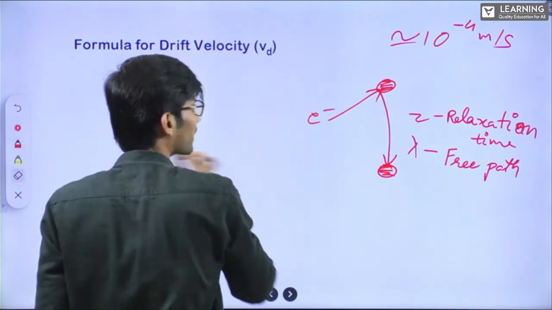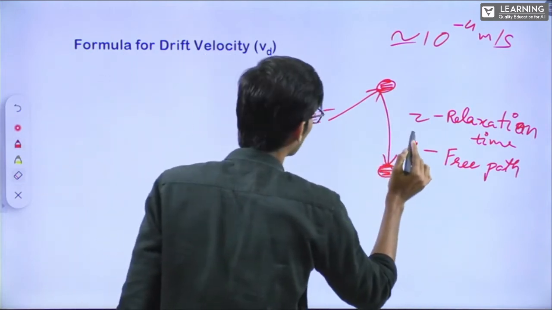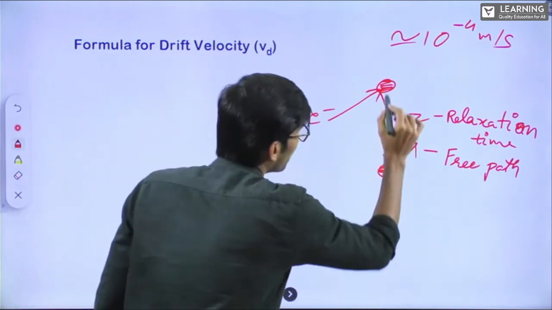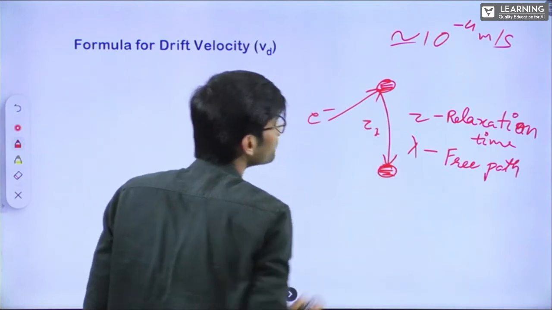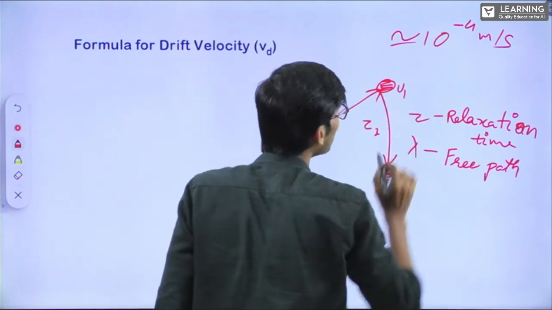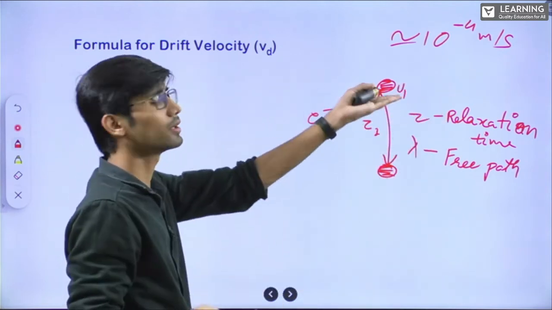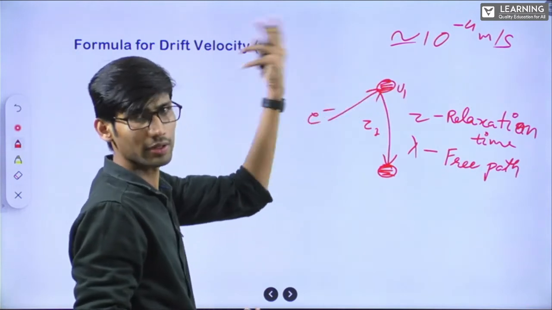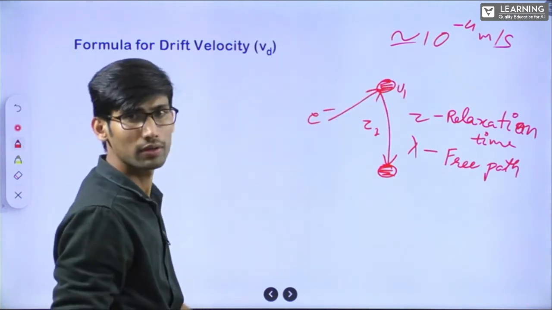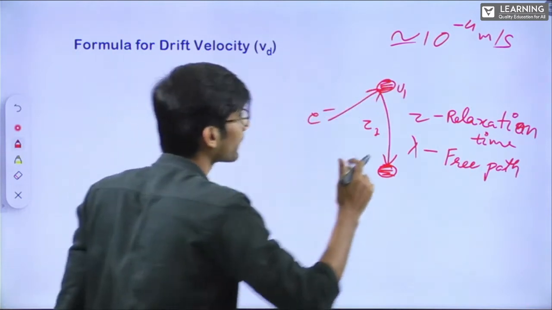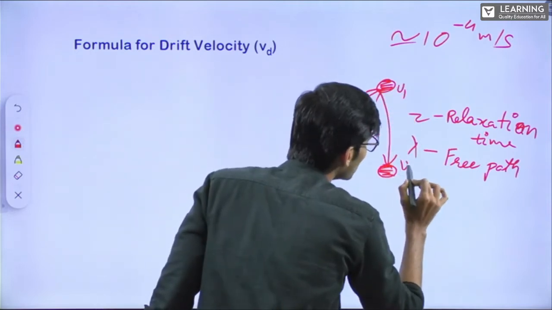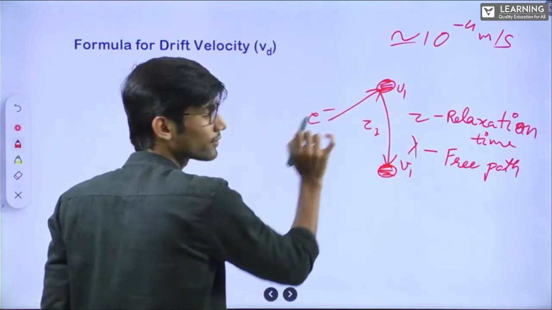Okay, so now, I hope you have written this. Let's say there are a lot of electrons, n number of electrons. One electron is this. For him, this tau is tau 1. Initially, it was u1. This is thermal velocity due to thermal energy. Then, due to electric field, it started moving, collision started happening. Let's say it reached v1. This is the first electron.